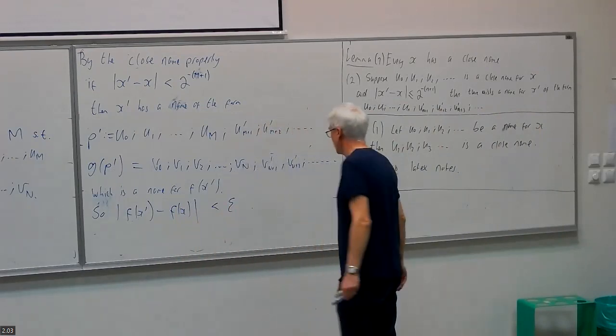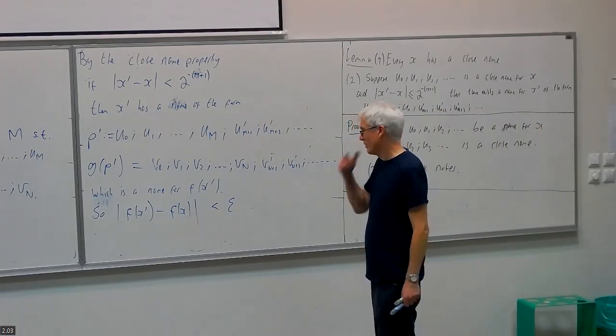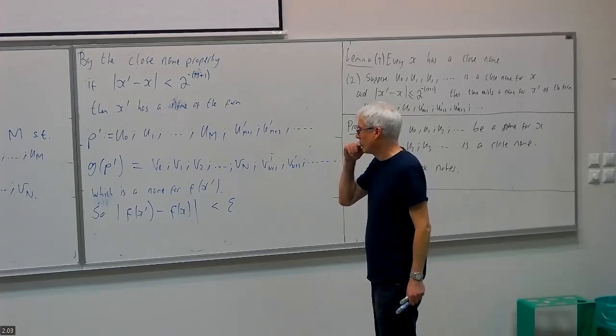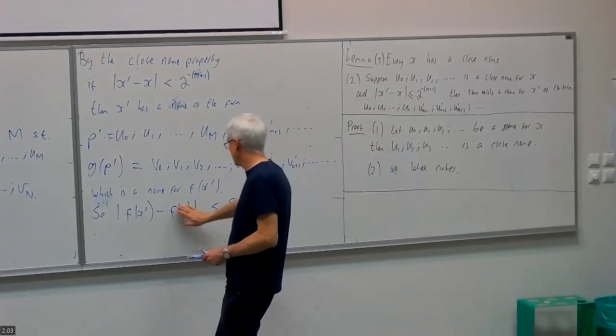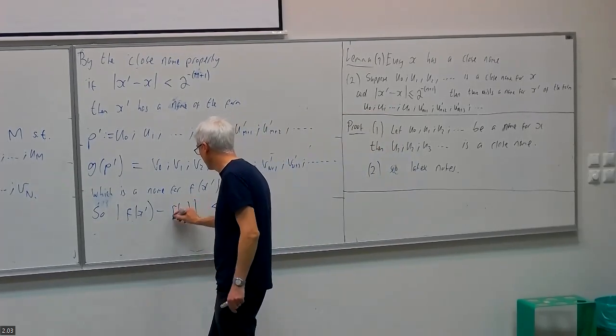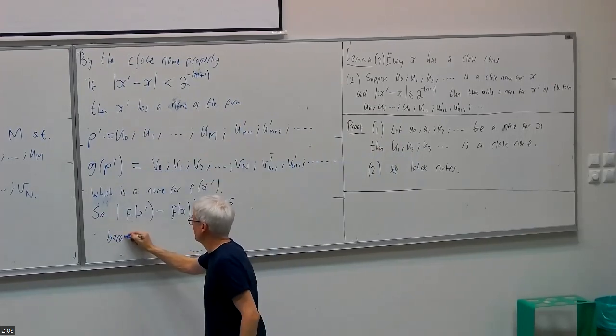So f of x differs from the number described by Vn by epsilon over 2, and f of x prime also differs from that number by epsilon over 2, and then by that. Right, good.